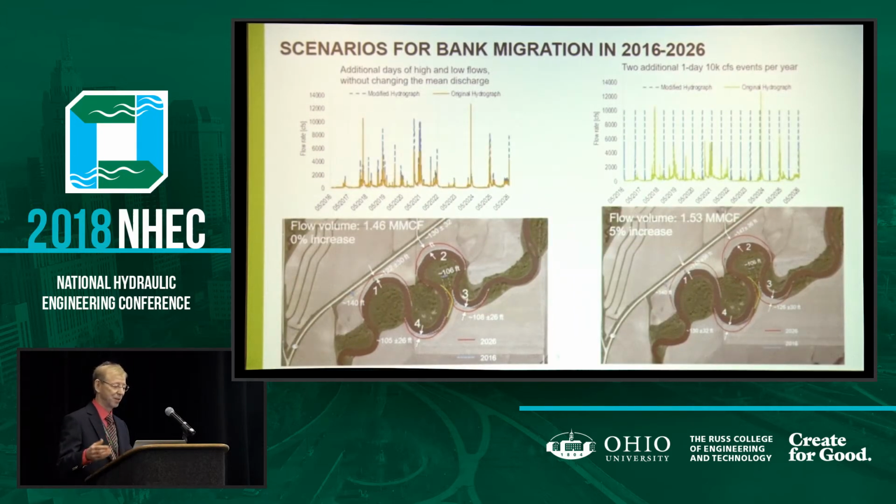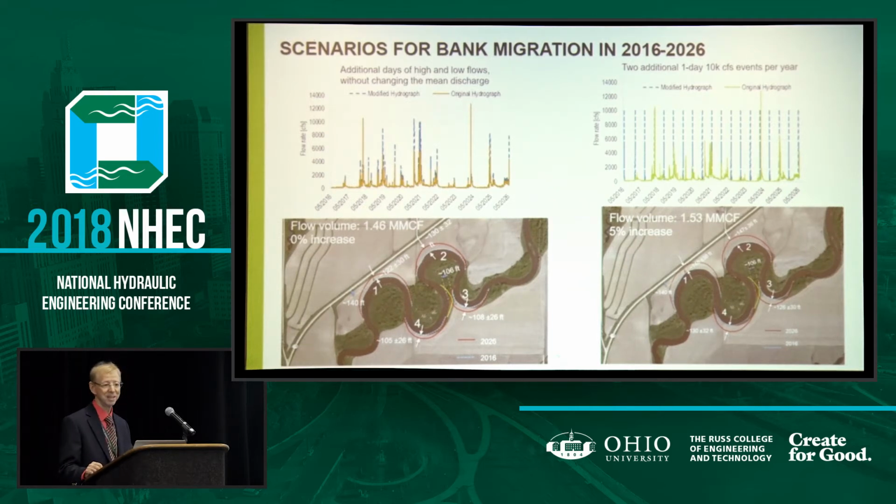And then a third scenario we tried was to suppose that we have more extreme events, but that they happen on both ends. So that we have the same total flow through that section over 10 years, but we have a number of days where there's much higher flow, and that's got to be balanced out by a bunch of days with much lower flow.